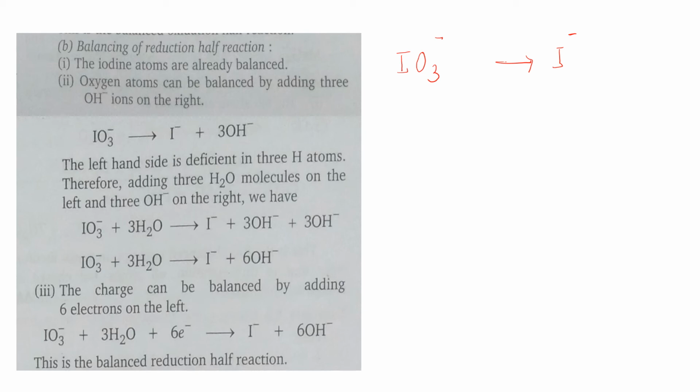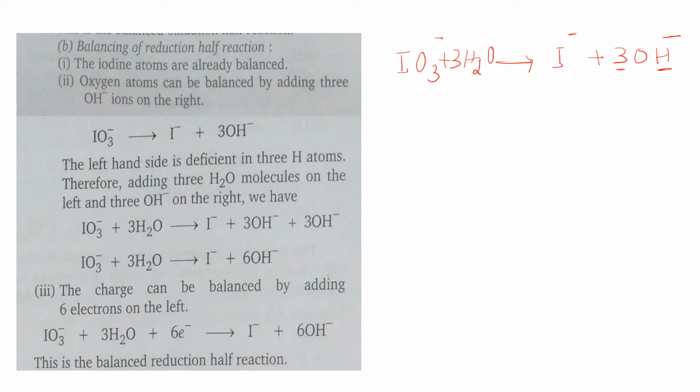So I have to add 3 OH- in the right hand side, because in the right hand side there is no oxygen. Now as I have added 3 OH- in the right hand side, then the 3 hydrogen is coming in the right hand side. So to equalize that, I have to add 3 H2O in the left hand side.